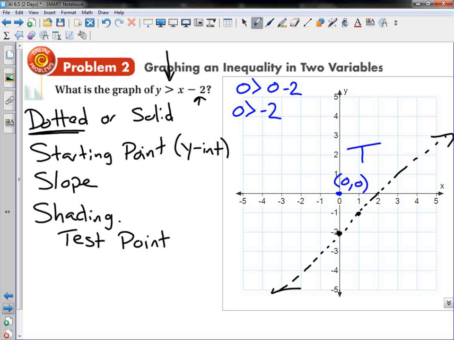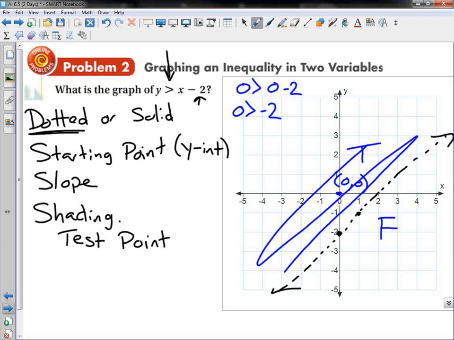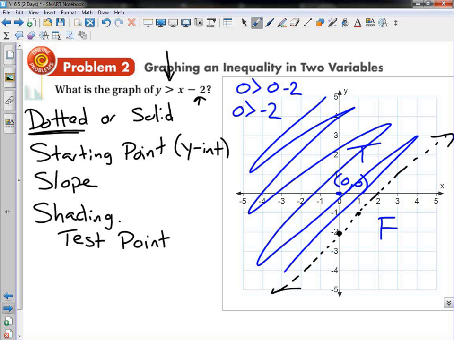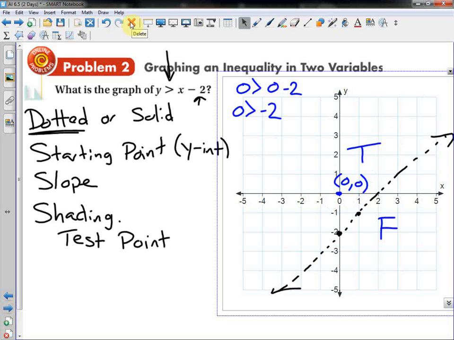The other side has to be false, and we shade the true side. So we end up shading the half with the test point. If the test point was false, we'd have to shade the opposite side.